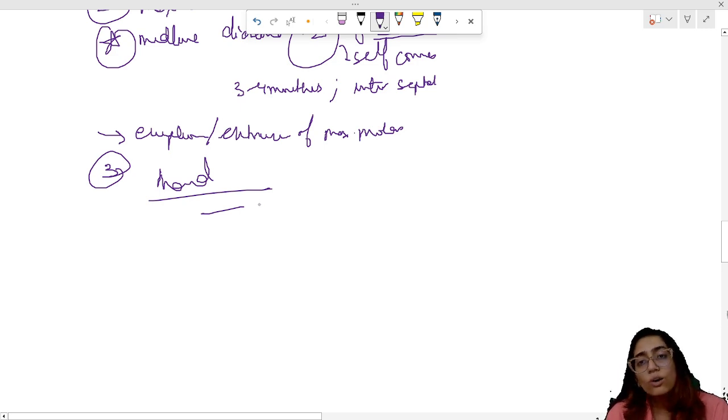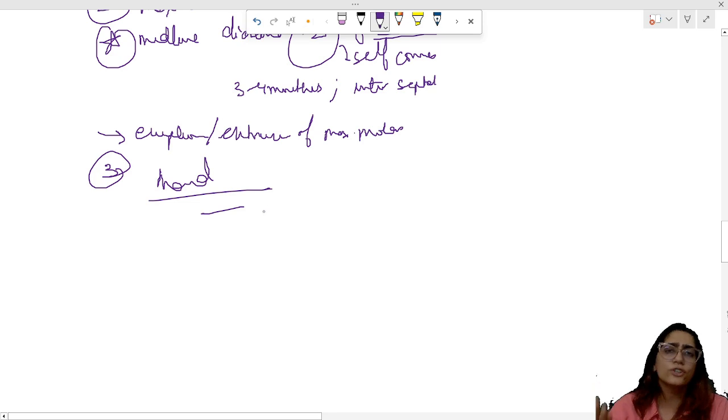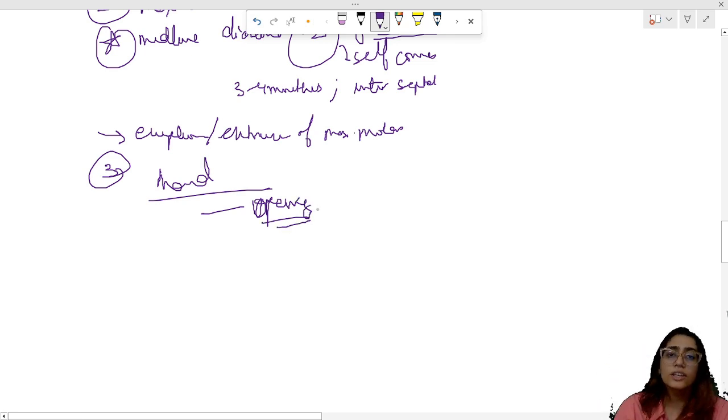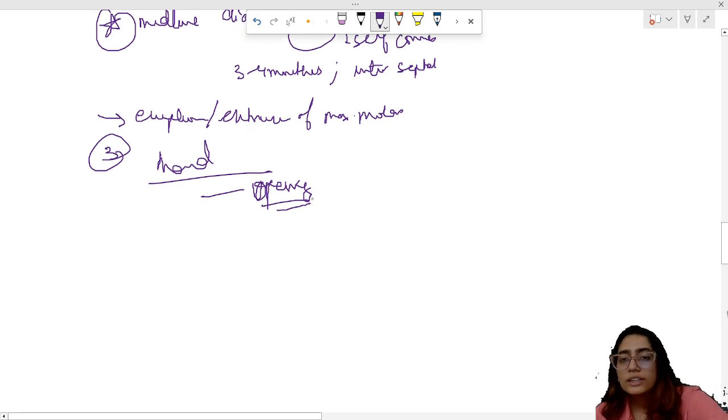So in patients who already present with vertical growth pattern, their facial form will deteriorate even more because it will become more long. So this is one of the contraindications of the maxillary expansion, that it is not to be given in those patients who have a very vertical growth pattern, because again there can be some extrusion of the maxillary molars which will drop open the mandible. So in the mandible there is opening.